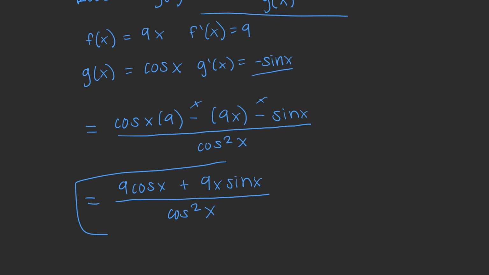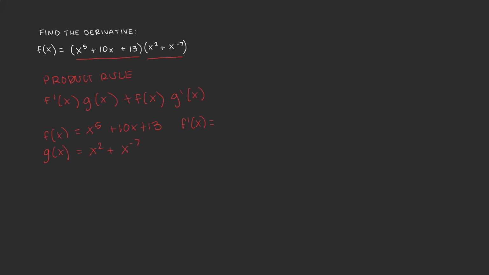So f prime of x would be 5x to the 4th power plus 10 plus 0. And then g prime of x would be 2x plus negative 7x to the negative 8.